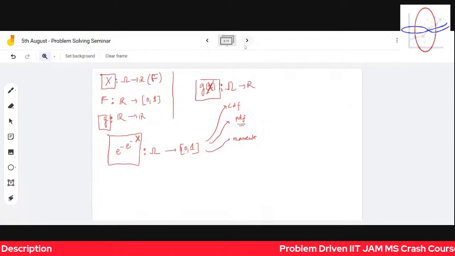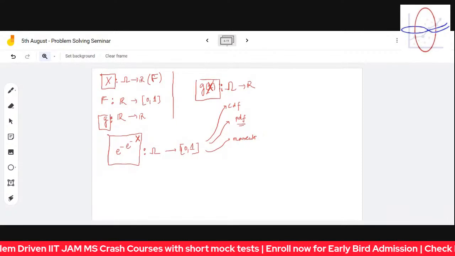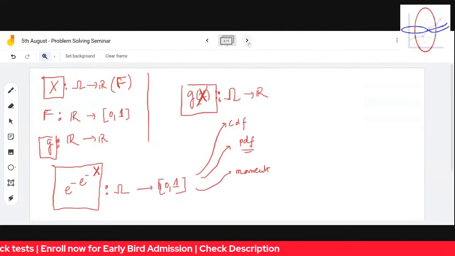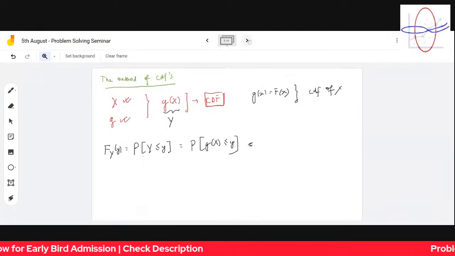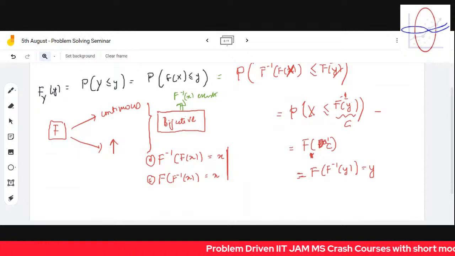G of x is a general function. Here we took F, which is a distribution function, as a special case of g of x. Did you understand? All of you understood this, guys? Any doubts? Any doubts, guys? All of you understood this?